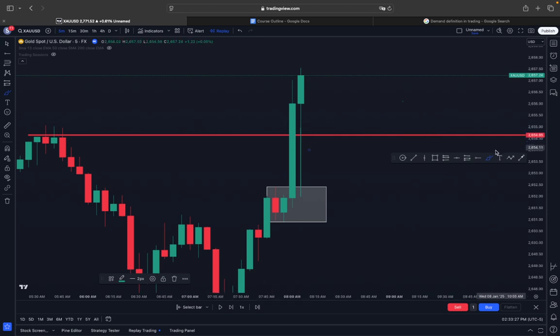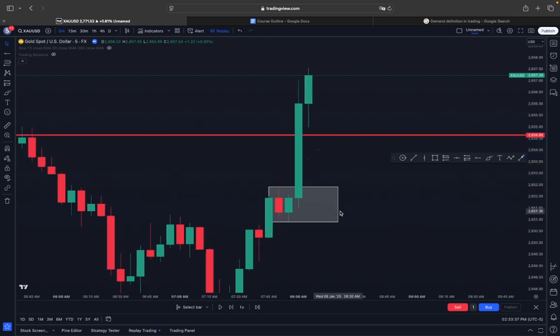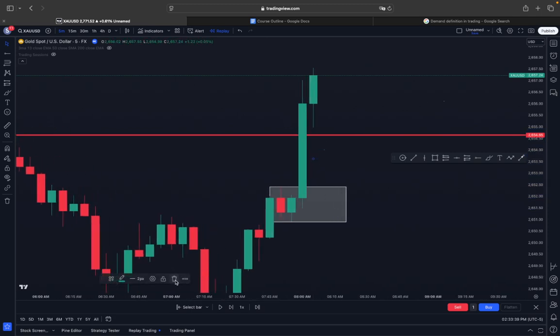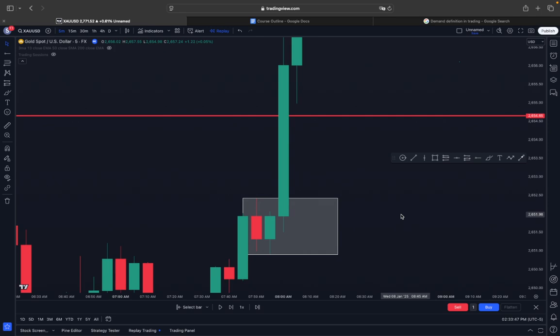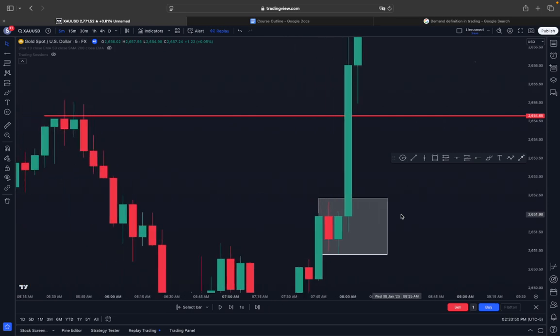Let's look at it before we even get to those points, where, let's say, the demand zone had something that looked like this here.